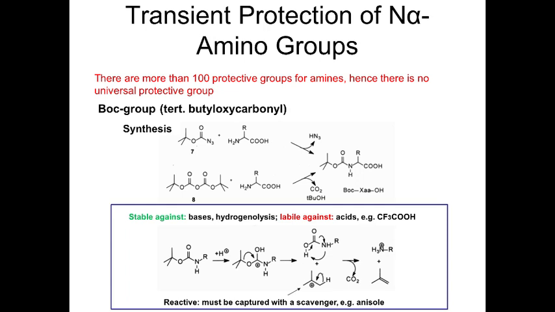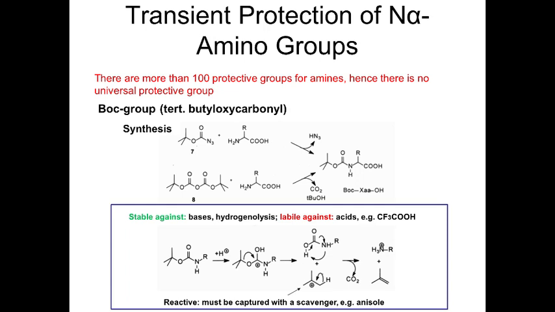The Boc anhydride again selectively reacts with the amine group of the amino acid. The Boc group is introduced to the amino acid, and under the extrusion of carbon dioxide and tert-butanol, the Boc-protected amino acid is formed.